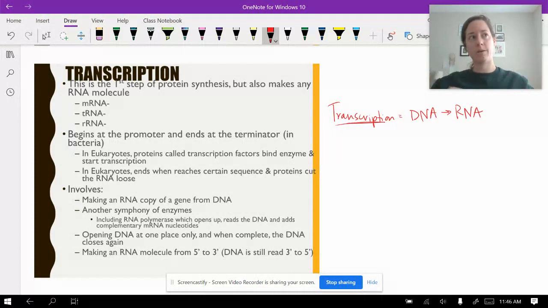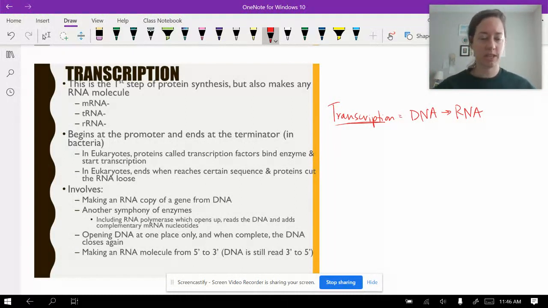So it's like when you get a phone voicemail and you look at your phone in the voicemail section and it says like transcription not available, which means it couldn't type it out for you. It's still in English. It's just changing it from words spoken to words written. And that's what transcription is. It's changing it from DNA, nucleic acids, to RNA, nucleic acids. So it's the same language.